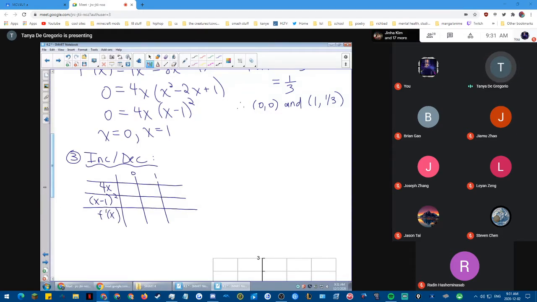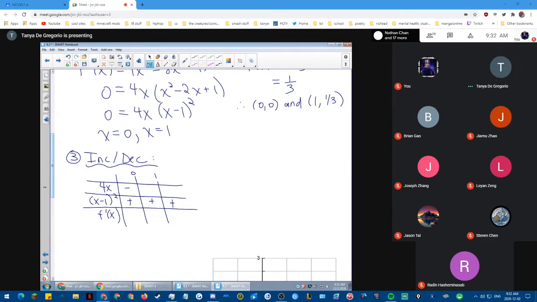Okay, go ahead and tell me where my slopes are positive and where they're negative. Good. We know that this is always positive. You know that because it's squared. So we know it's always going to be positive.